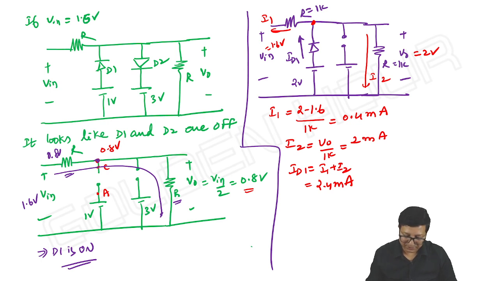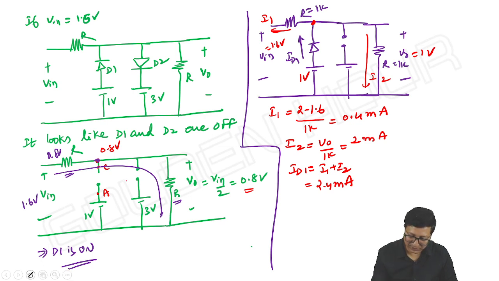Oh, sorry, there is a mistake again. It is 1 volt. If that is the case, I should change the things. Anyway, ID1 is like this, and output should be 1 volt.